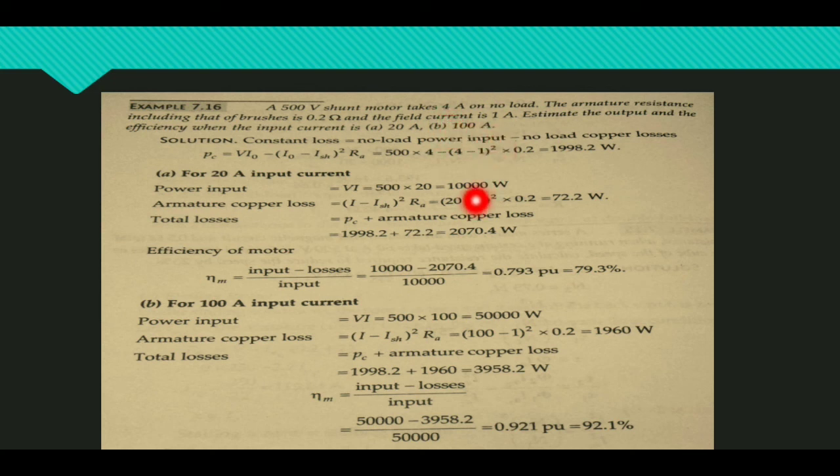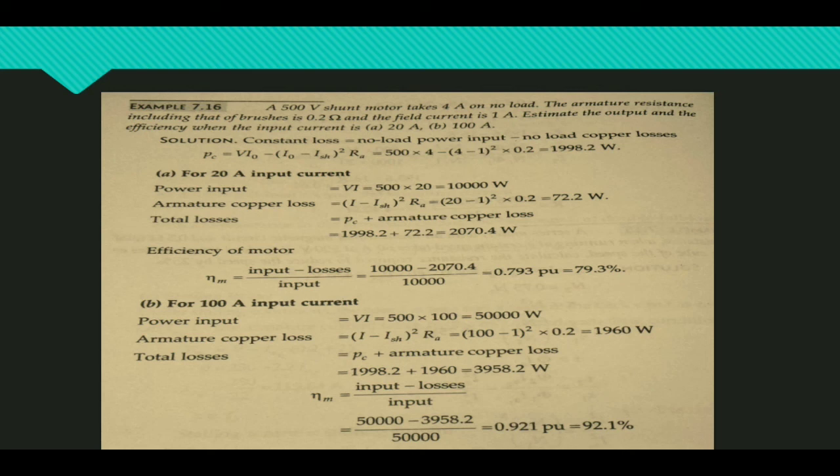So the value of armature current is 3. So (4 minus 1) squared into 0.2, that is the value of RA, the armature resistance, equals 1998.2 watt. Okay, so that is the first condition.